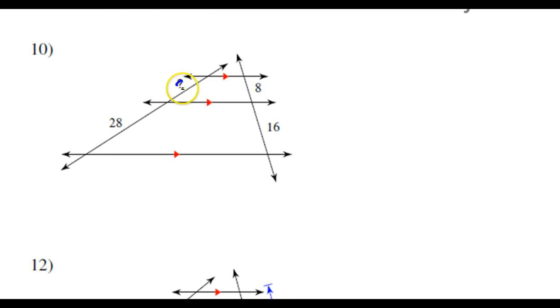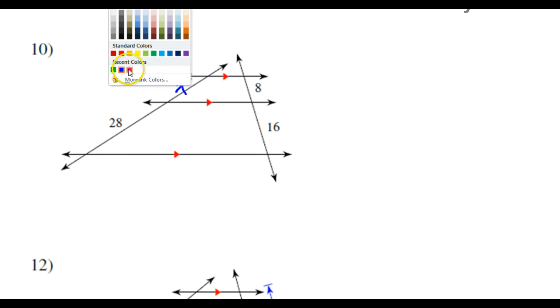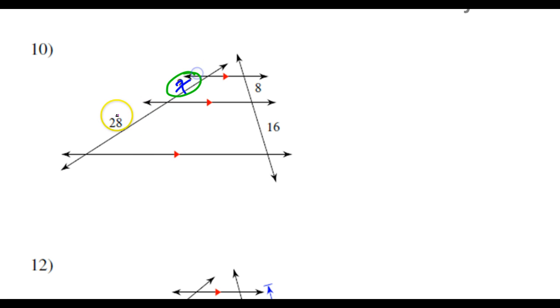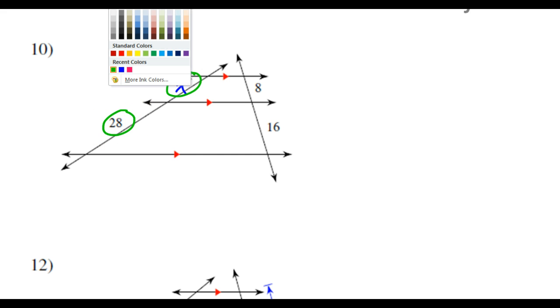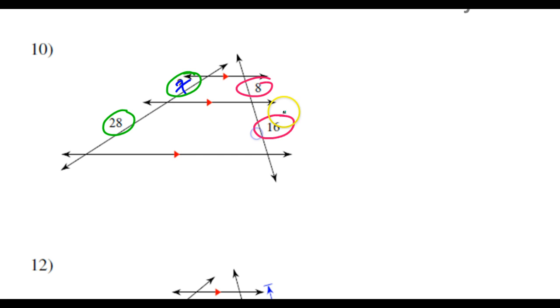Number 10, proportionality theorem. Let's go ahead and call that x. The theorem says that these two parts should be proportional to these two parts. So that means x over 28 should equal 8 over 16.